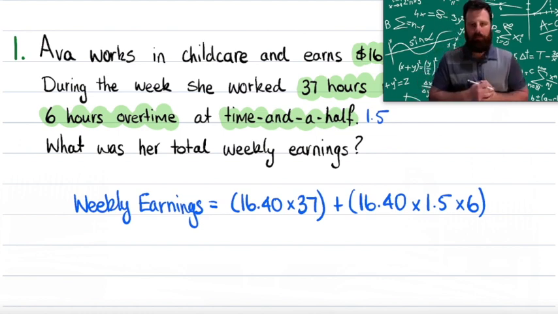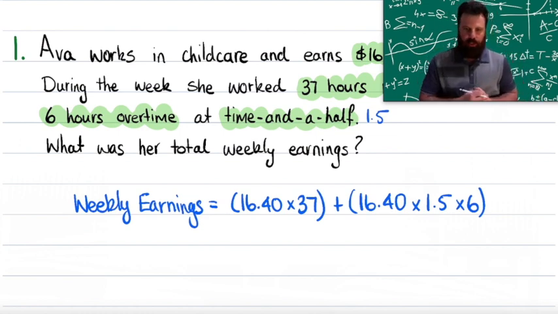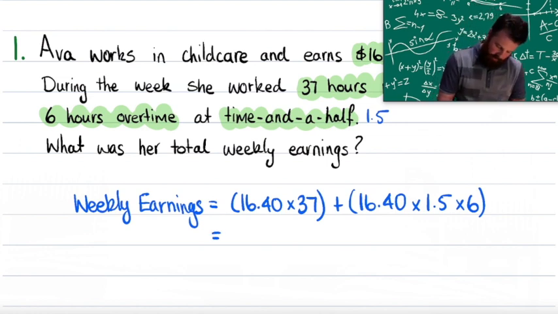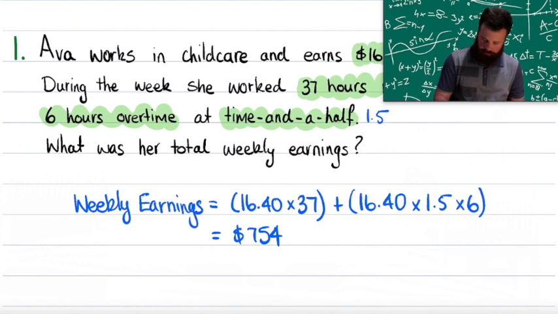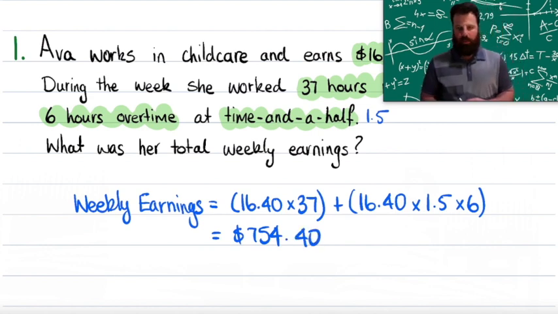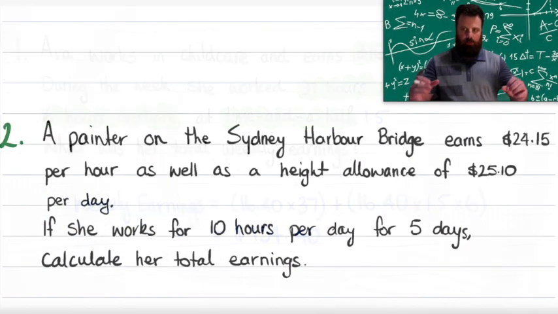When we punch those into our calculator and add them, we figure out that Ava has earned $754.40 for that week.